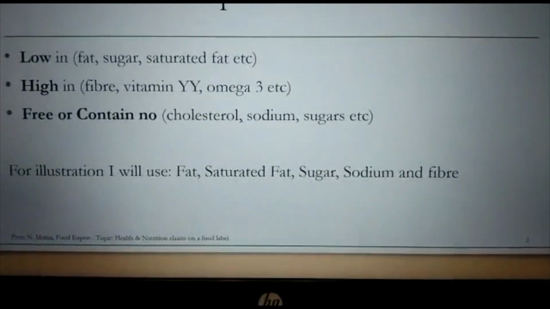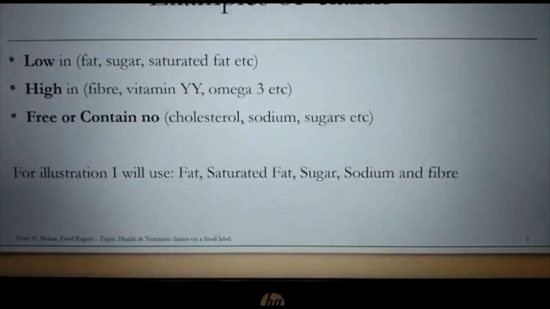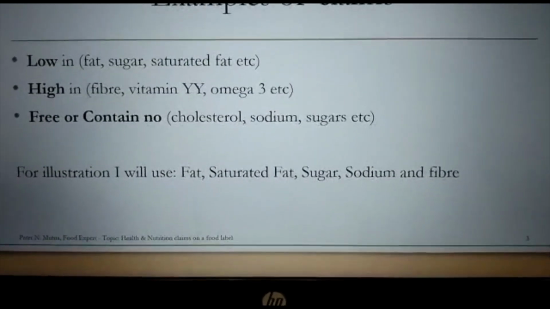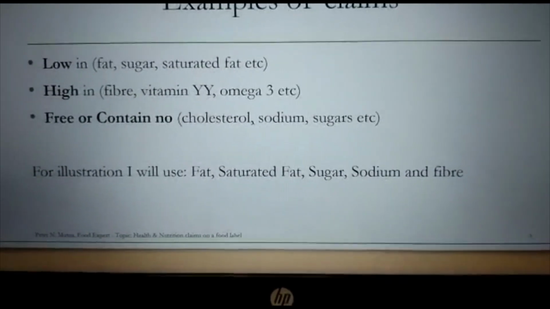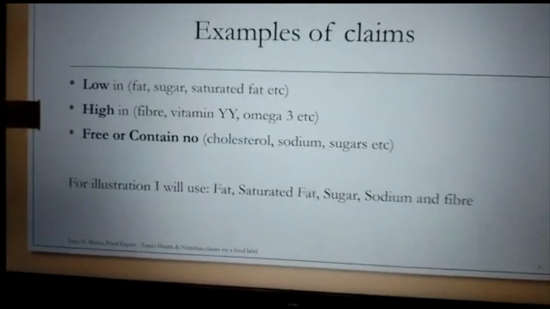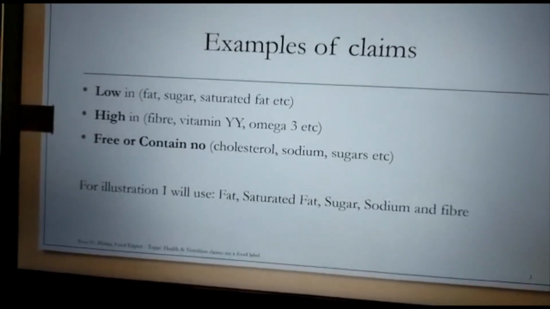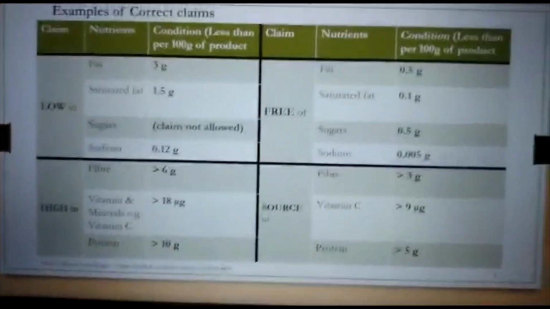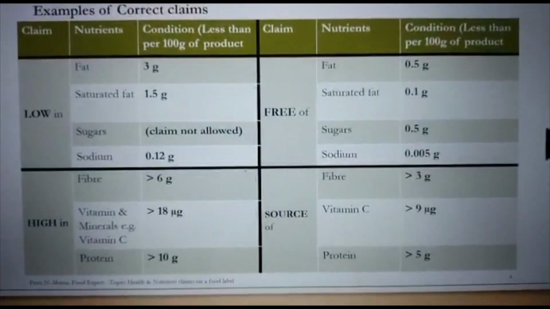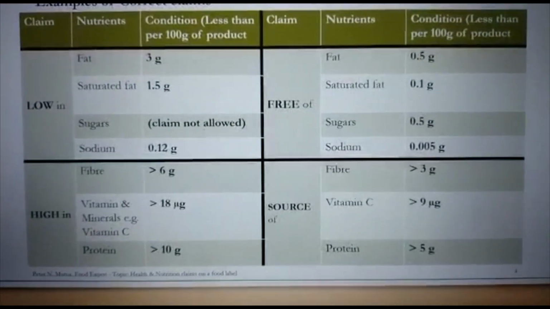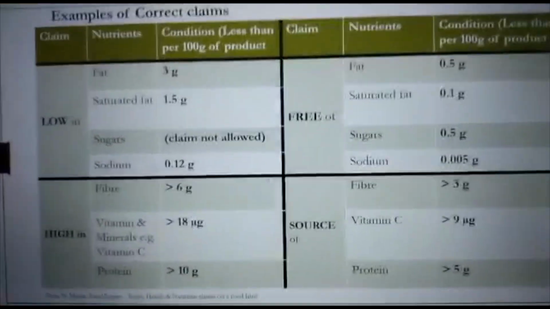For purposes of illustration, I will use fat, saturated fat, sugar, sodium, and fiber to demonstrate how we reach at these high levels or low levels or even free levels. This is a table containing the types of claims and the guidance per nutrient.